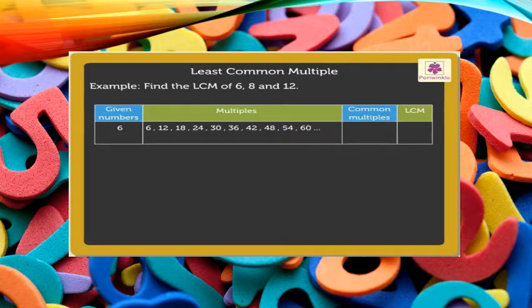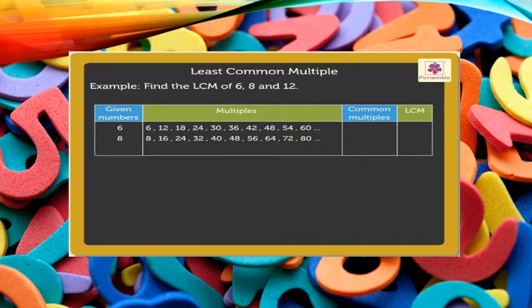Next, the multiples of 8 are 8, 16, 24, 32, 40, 48, 56, 64, 72, 80, and so on. Finally, the multiples of 12 are 12, 24, 36, 48, 60, 72, 84, 96, 108, 120, and so on.